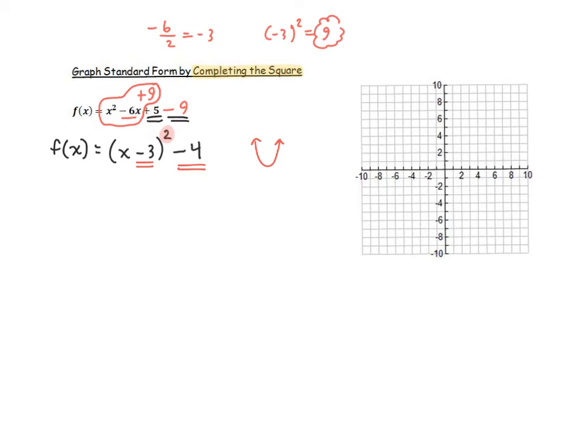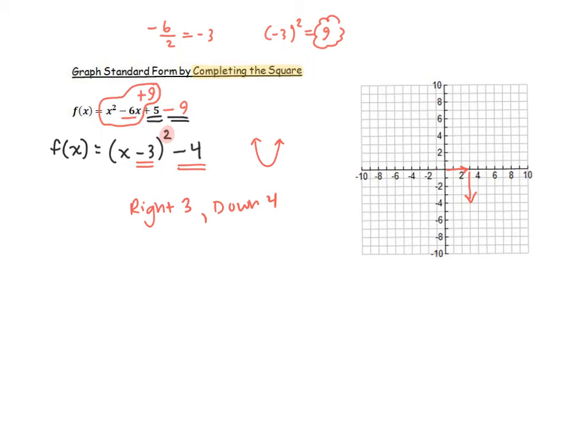The -3 actually means right 3, and the -4 outside means down 4, which means that our key point in our parabola should be right 3 from the origin, and then down 4.